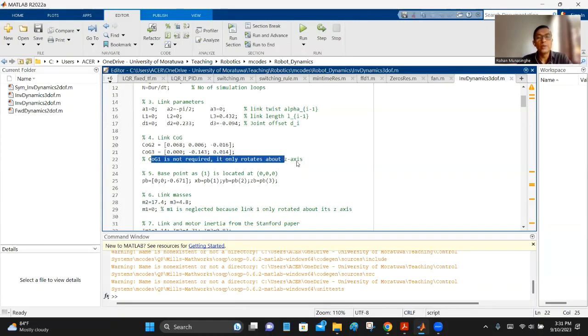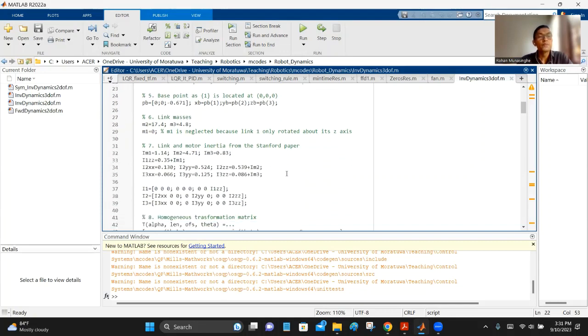It only rotates about its Z-axis, as I explained a while ago. This is the base point of frame 1. It's located at 0, 0, 0, XB, YB, ZB. So don't worry about it. Then the link masses M2 and M3. M1 is not required because it's only rotating.